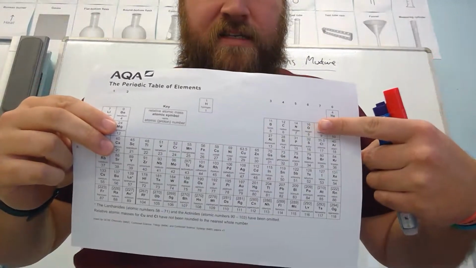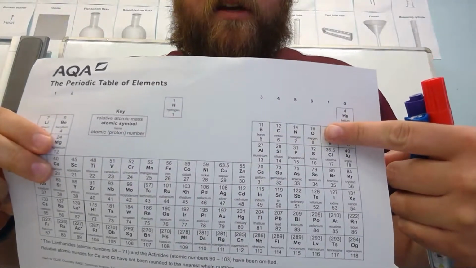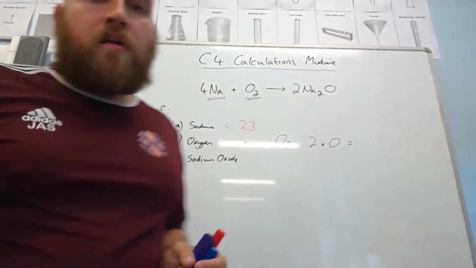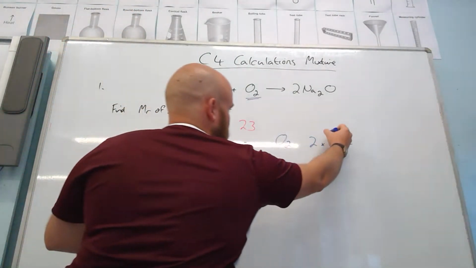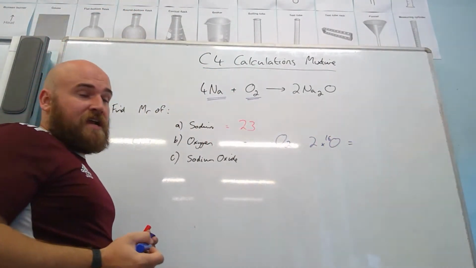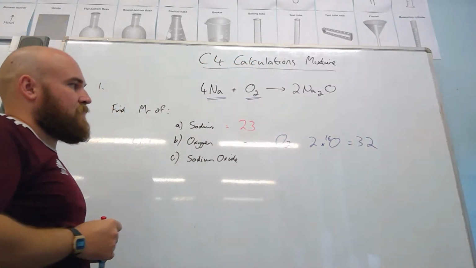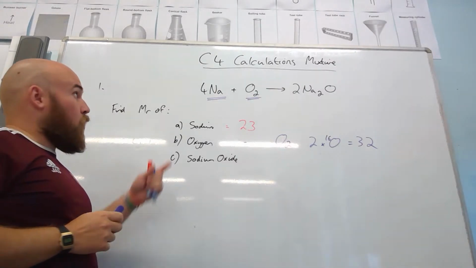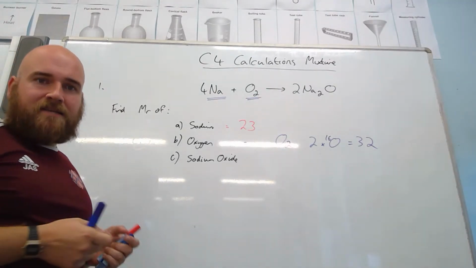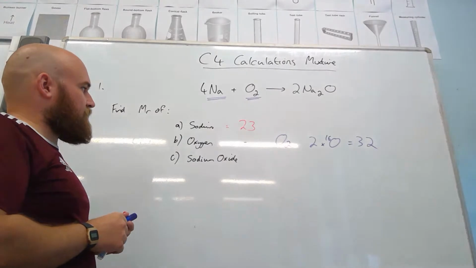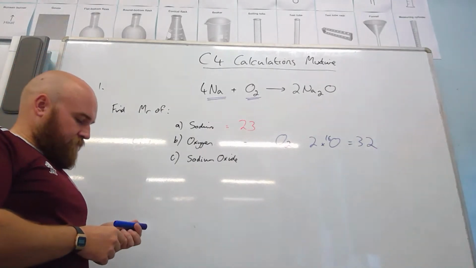Hopefully you can see the top number there is 16. So 1 oxygen atom weighs 16, so 2 oxygen atoms weighs 32. So the relative molecular mass, or the Mr, or relative formula mass, they're the same thing, is 32.